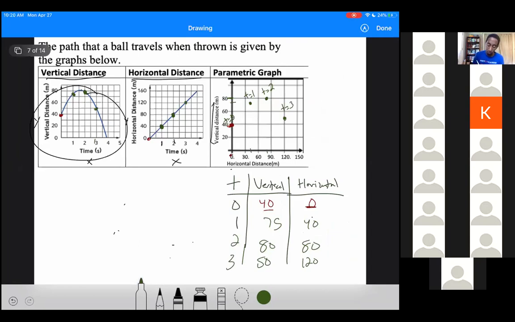And then let's do t equals 4. After 4 seconds, the ball's vertical distance is 0, so it is on the ground at that point. And horizontal distance is 160. So 160, 0, it's going to be about here, t equals 4.